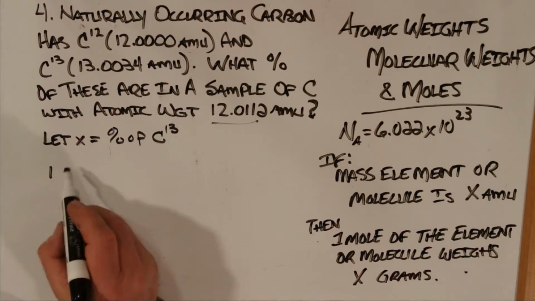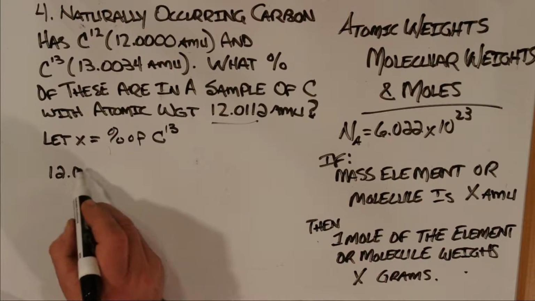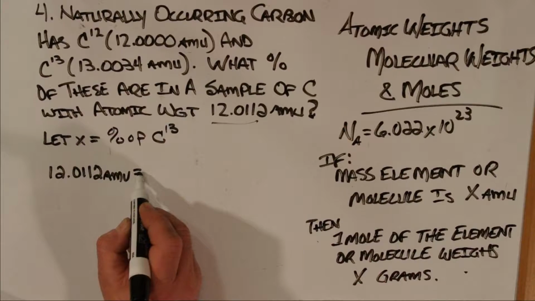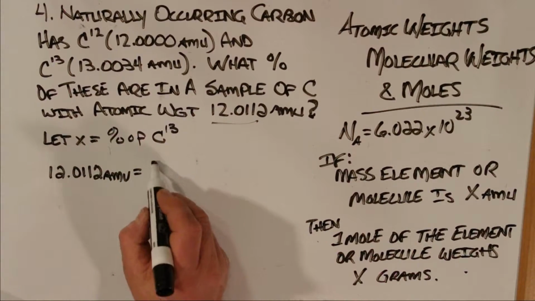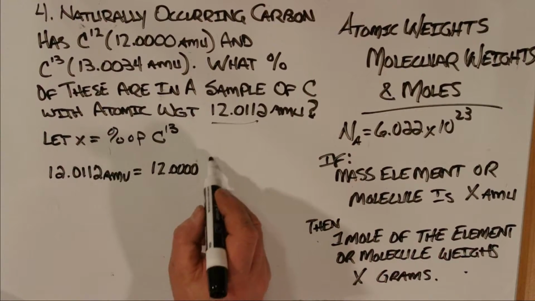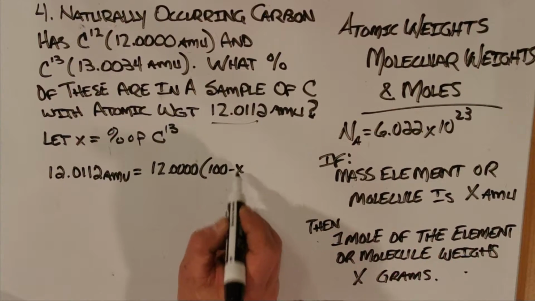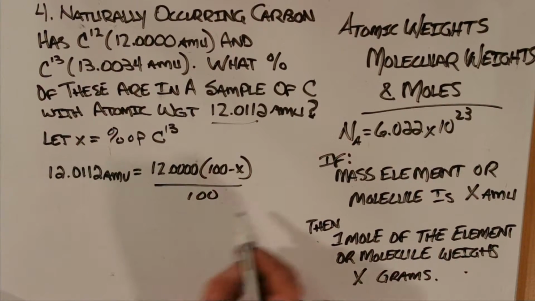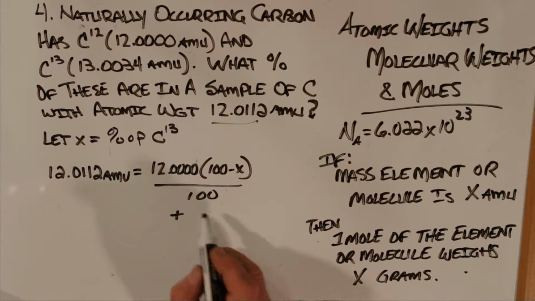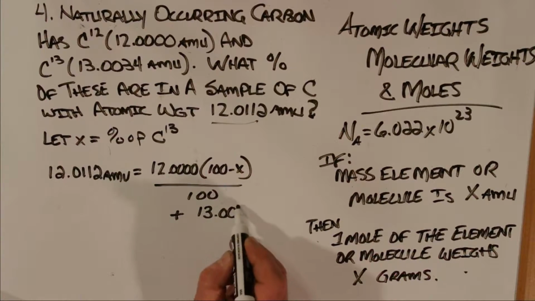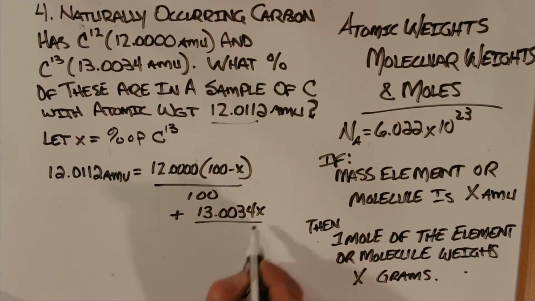Then we can say that the atomic mass of the sample is equal to a certain percentage of C12 and a certain percentage of C13. So it'll be the atomic mass of C12 times 100 minus X, which is the percent of C13, divided by 100 to make it a percent. And we add X times the atomic mass of carbon 13 divided by 100 to make it a percent.